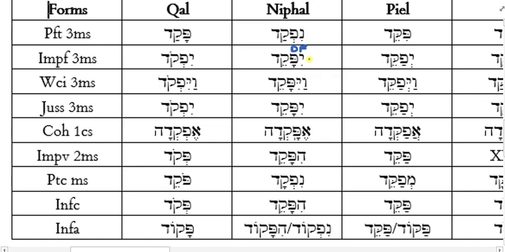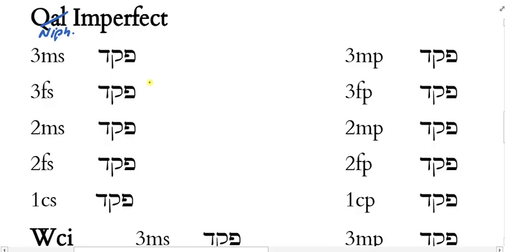Okay, so let's go over to our practice sheet and we'll see how this works. Okay, so looking at the imperfect here, what did we learn was the vowel pattern for the Nifal imperfect 3ms? It's ye, doubling dot, pa, qed. Yippaqed. Now, that dagesh forte, where is that coming from? Why is there a dagesh forte in this pe?